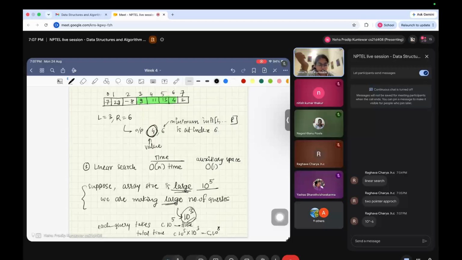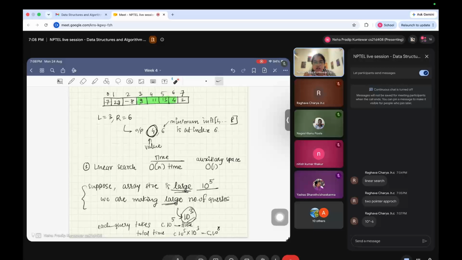So that is a large amount of time, right? If the number of queries increases, then your time keeps increasing. So even though linear search sounds very fast, because for most problems we don't even know how to do linear, the issue is that if I am making too many queries, or if my array is large, then I'm actually spending a lot of time.